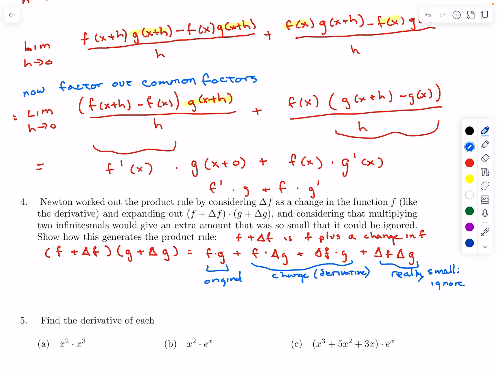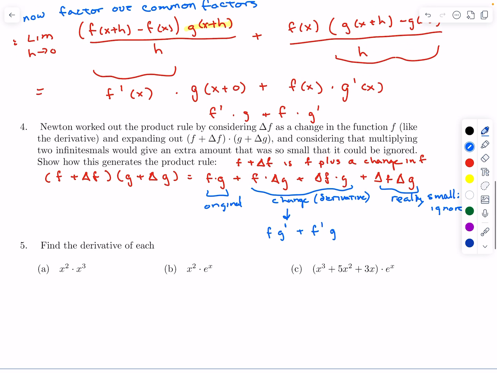Okay, and so then we have the derivative being f g prime plus f prime g, which is the order that a lot of people do it in. I like f prime first, mostly because then when we get to the quotient rule, derivative of division, it's much more similar.